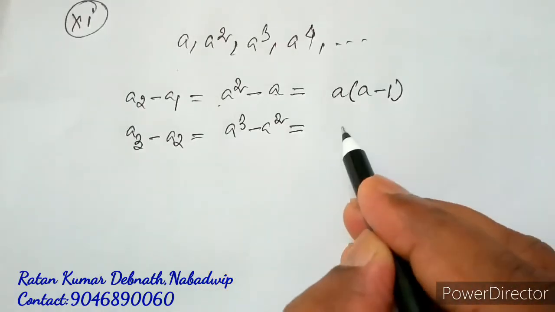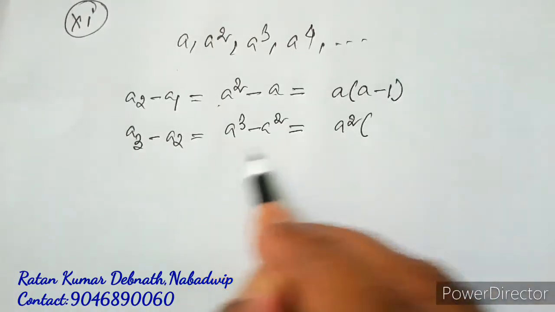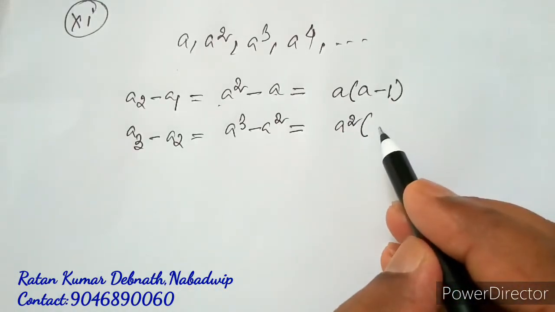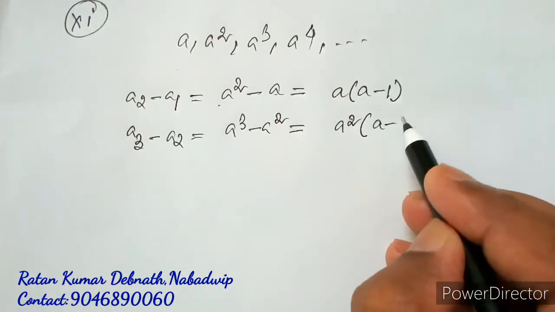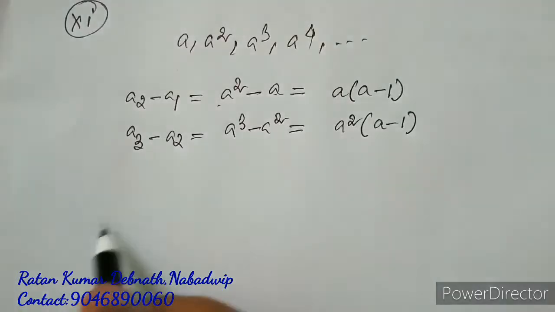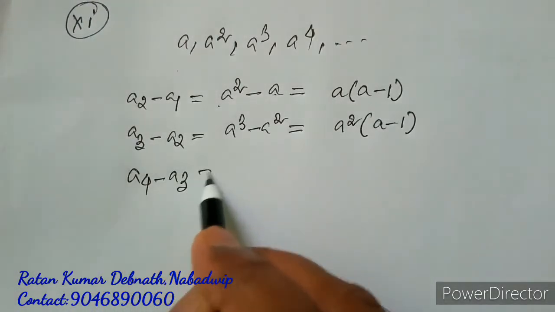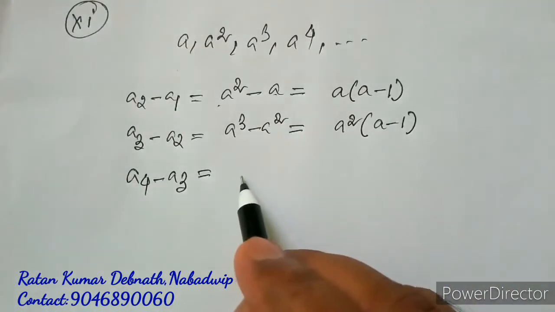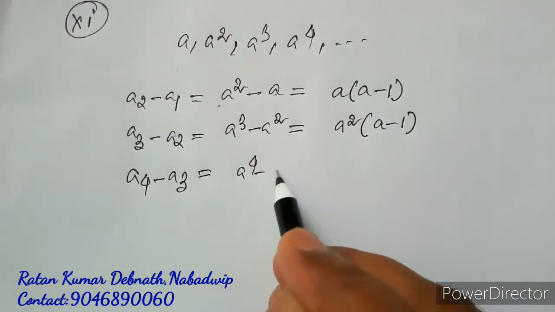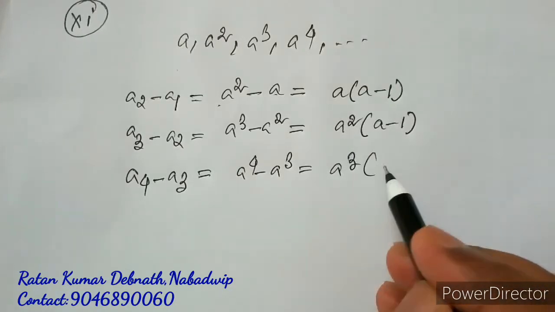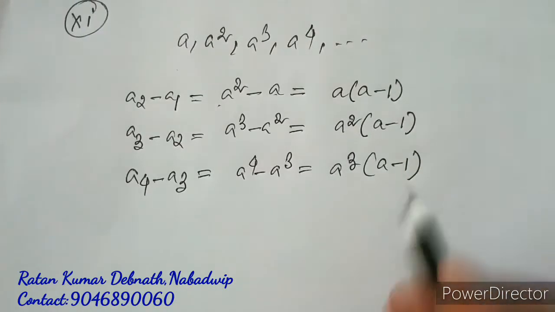We can take common a square from them. Taking common a square from them, we get a minus 1. Now a4 minus a3, that is fourth term minus third term, means a to the power 4 minus a cube. Taking common a cube, we get a minus 1.